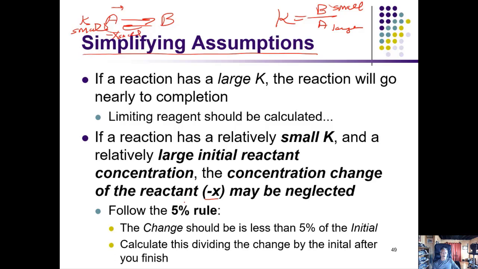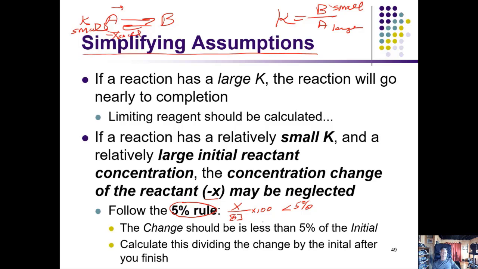What we do is we follow the 5% rule. You calculate X, then divide by the original initial reactant concentration and multiply times 100. Now, if that number is less than 5%, then we can ignore the X with respect to the reactant concentration.